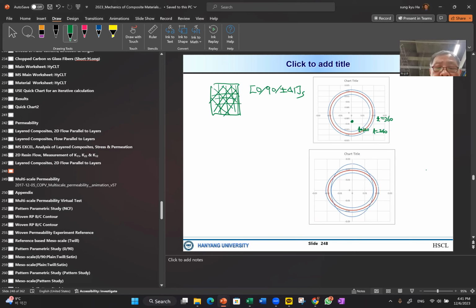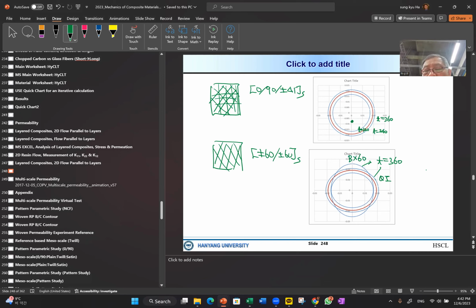So this is just plus minus 60, or you can say 60 symmetry, and this one at the same time equals 360, but the bottom one is the quasi-isotropic. This is the BX60.